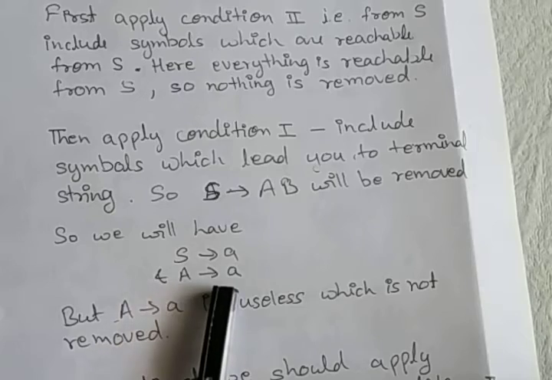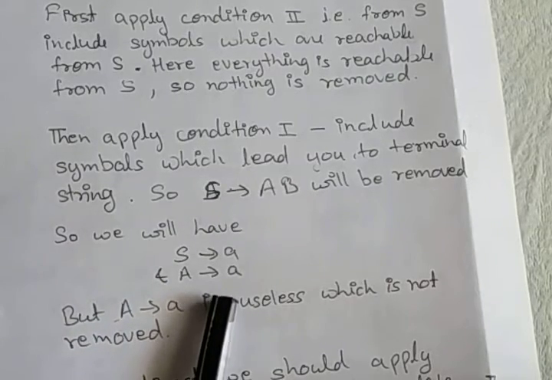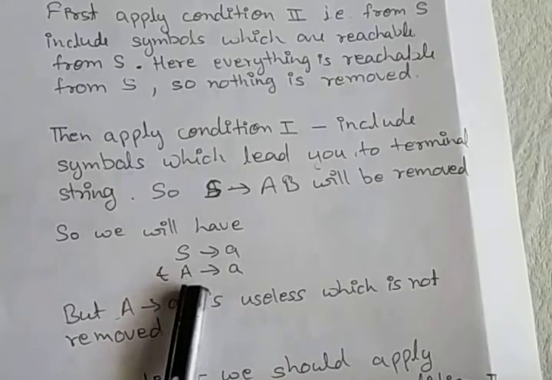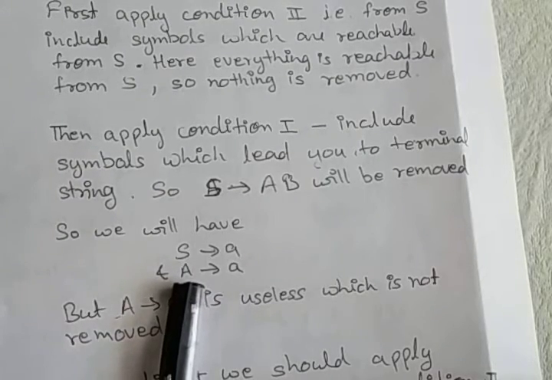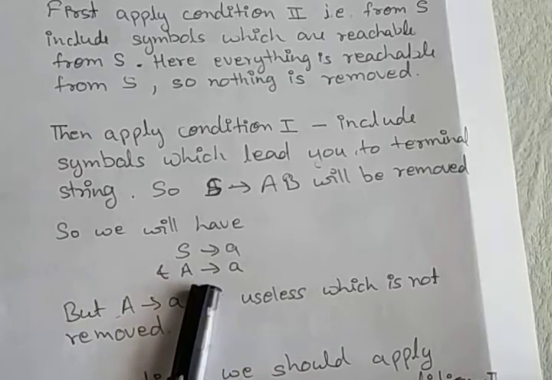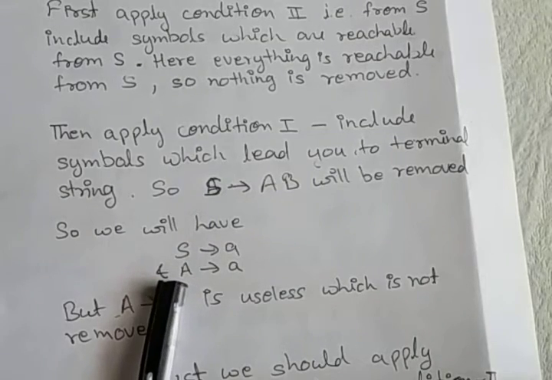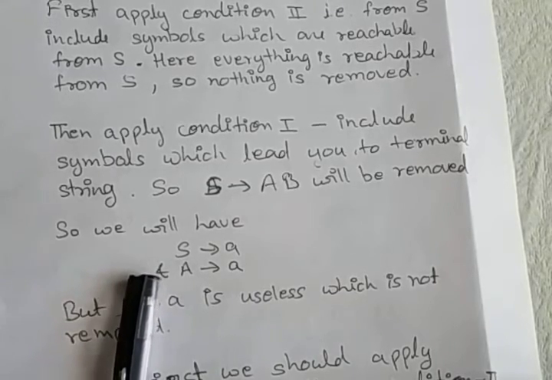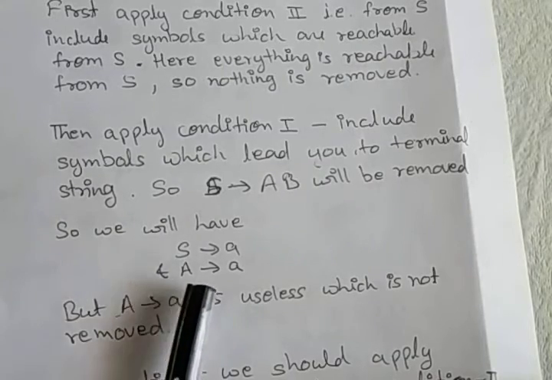Here A tends to A. Now these two rules do not satisfy both the conditions, where the first condition says that each non-terminal should derive a terminal string, and the second condition is that non-terminal should be derivable from S. Non-terminal or the sentential form should be derivable from S. So here A is not derivable from S. So if we change the order of the conditions applied, then it is possible that we are not able to remove all the useless symbols.